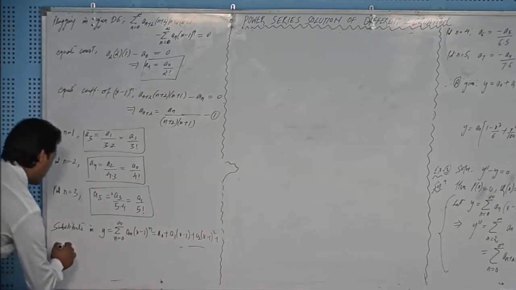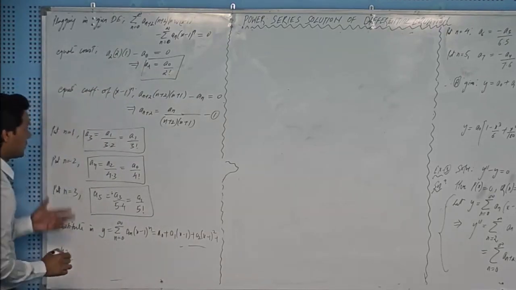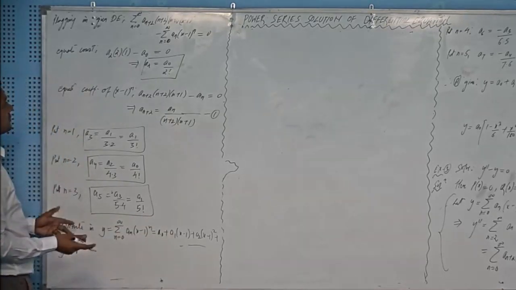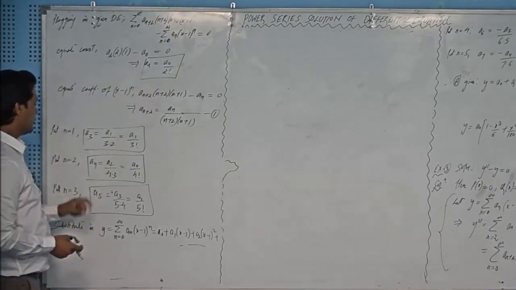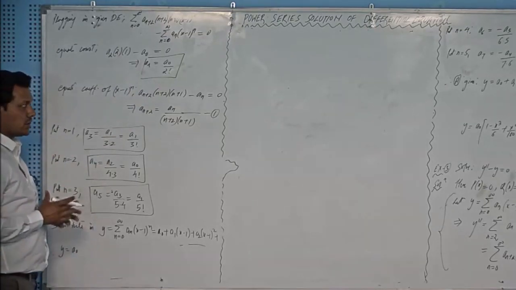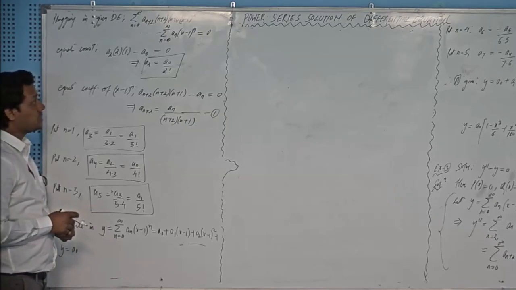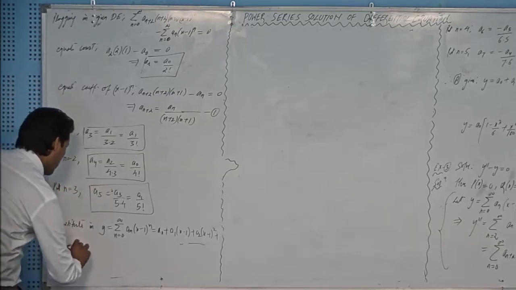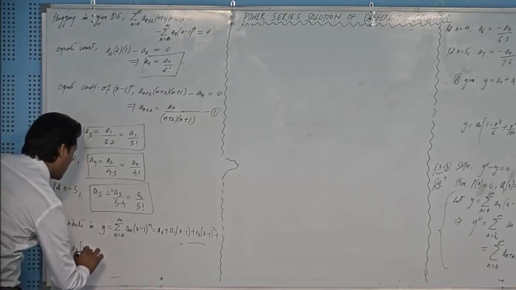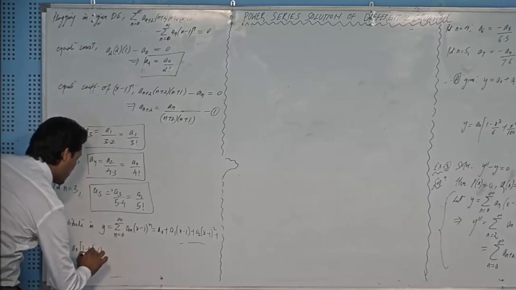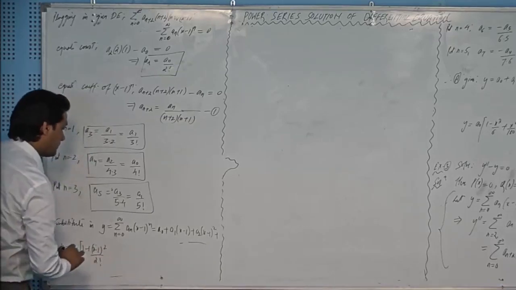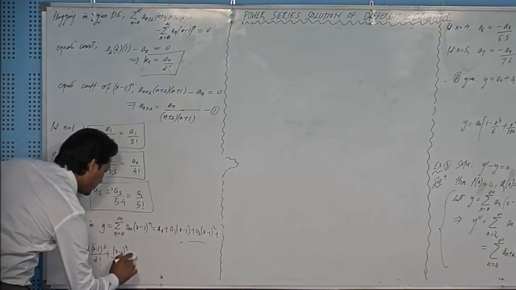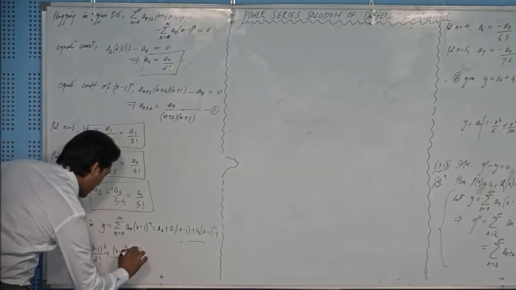So that will produce y equal to a naught, that is fine, and you can see that a2, a4, a6, all even coefficients, are in terms of a naught. So I will take a naught common from them, so that will give me a naught times 1 plus x minus 1 whole square over 2 factorial, plus x minus 1 whole to the power 4 over 4 factorial after taking common and simplifying, and so on.